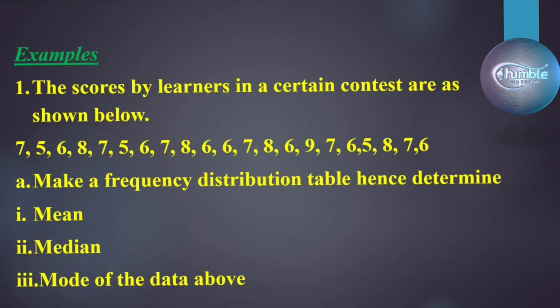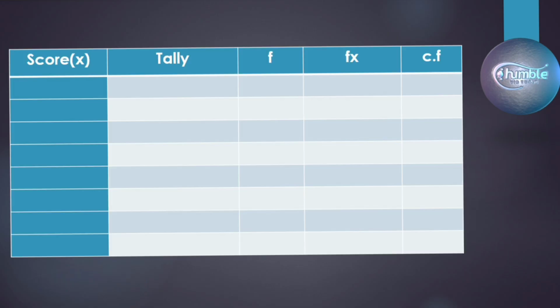And how many times does 5 appear? We have 1, 2, 3 times. So it is appearing 3 times, and we start with 5.